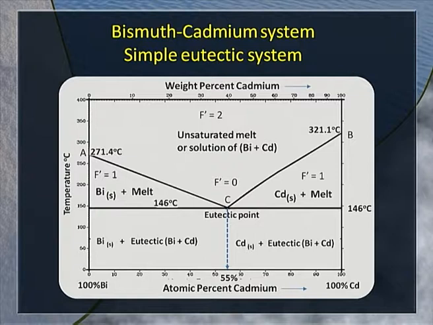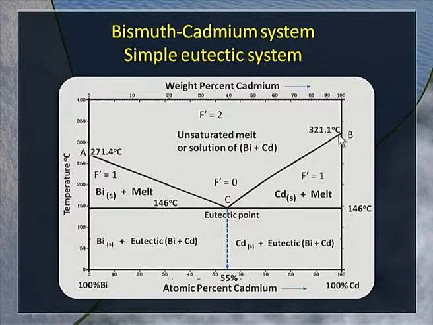A and B are the melting points of the two components that are there. Their respective melting points are given, and then by the addition of the other component, the melting points go on decreasing. If you take A, that is bismuth, its melting point decreases after the addition of cadmium into it, resulting in the decreasing freezing point along the line AC.